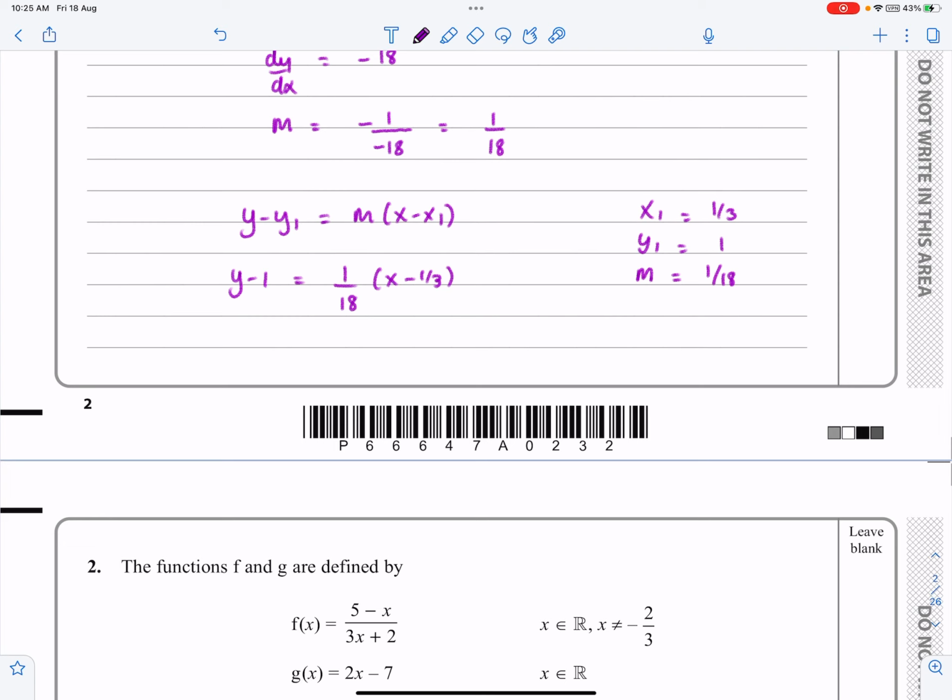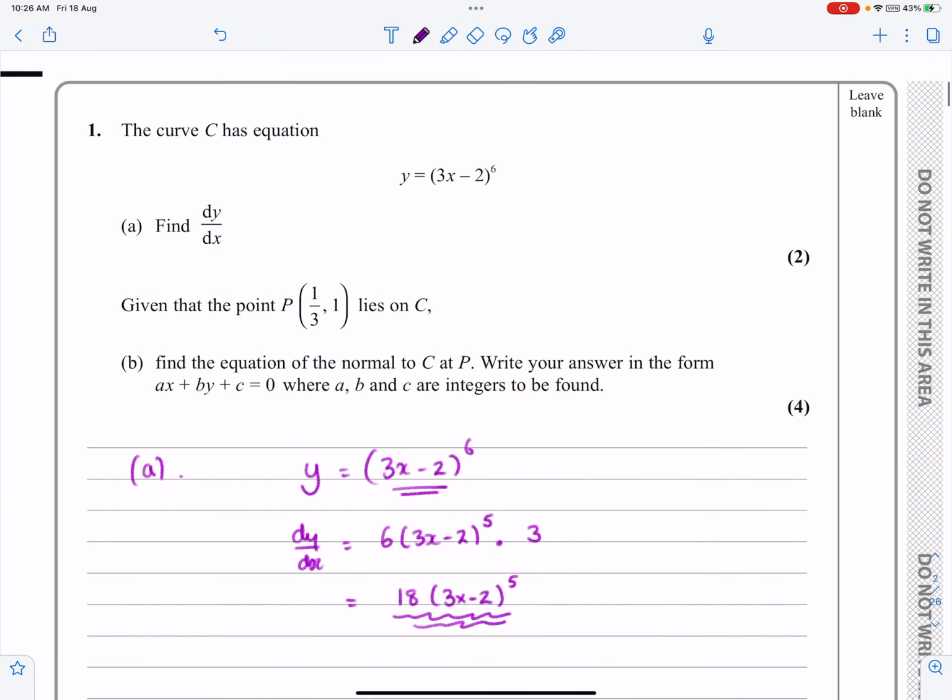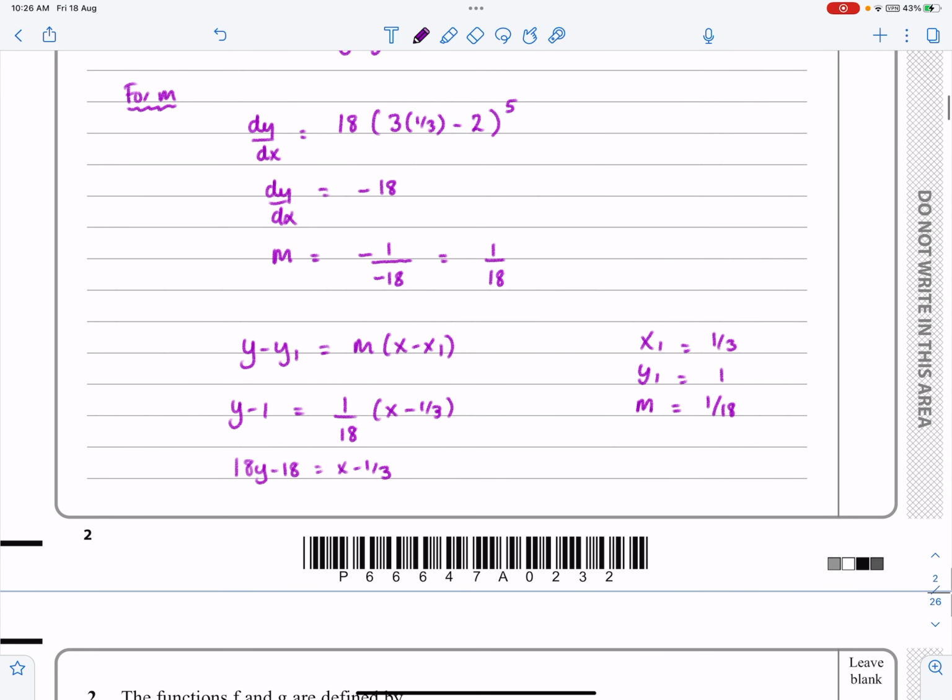Multiply everything by 18. I get 18y minus 18 equals x minus a third. Do they need to be integers? Yeah, they're all integers. So actually, I now need to multiply this out by 3 to get rid of the a third there.